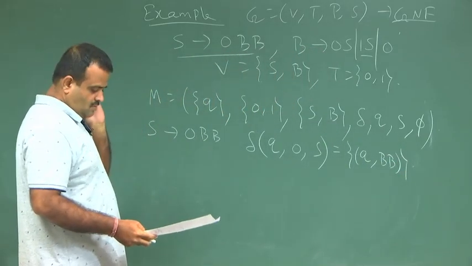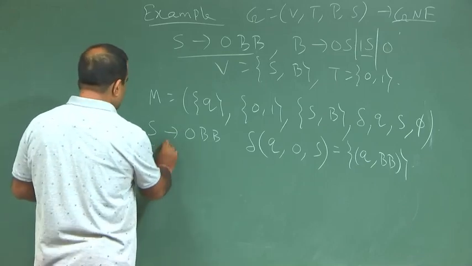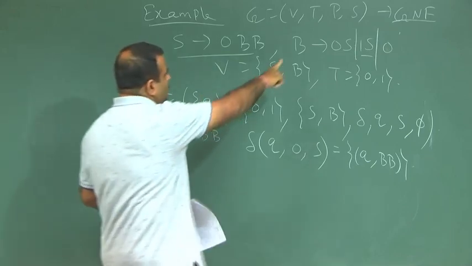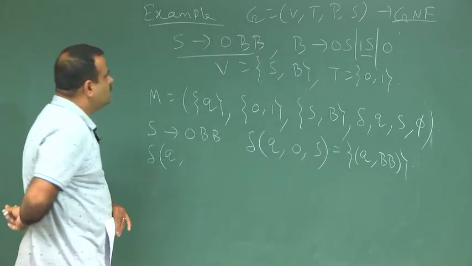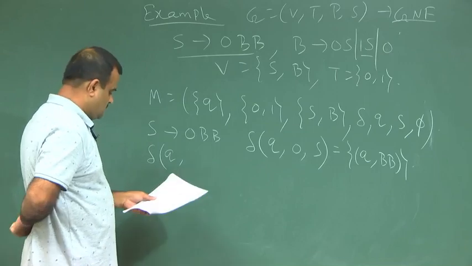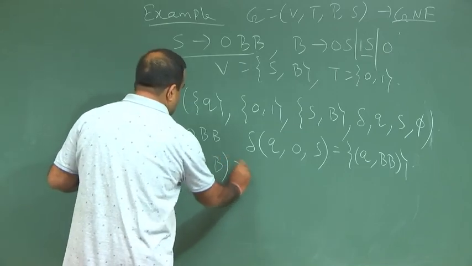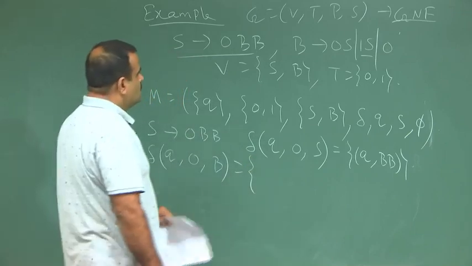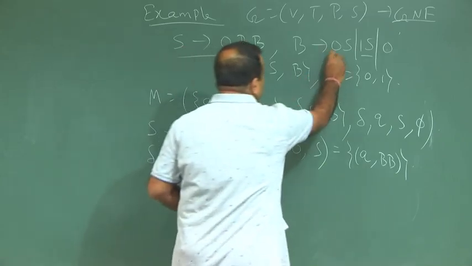And we have from this, with the state always the same, B going to 0 S. That means if we see a B over here, with 0 we have this and this.